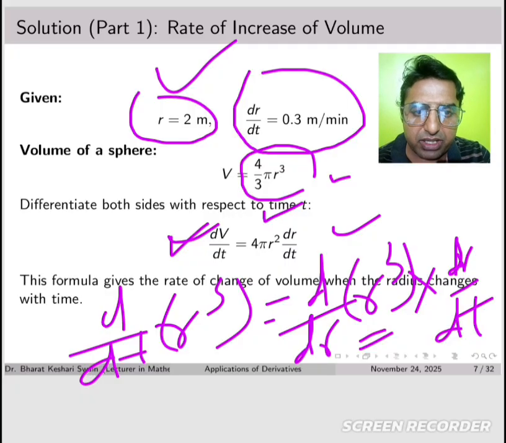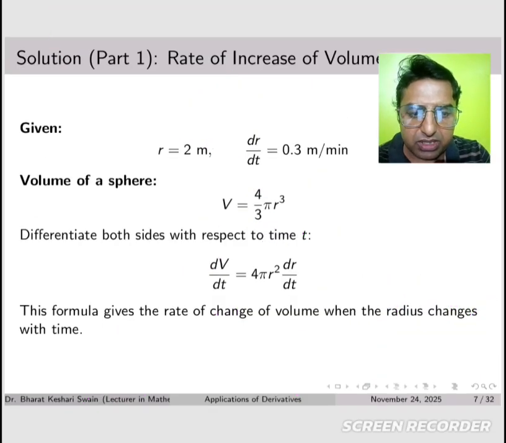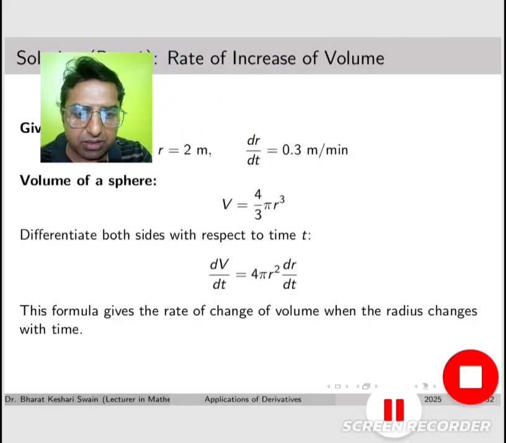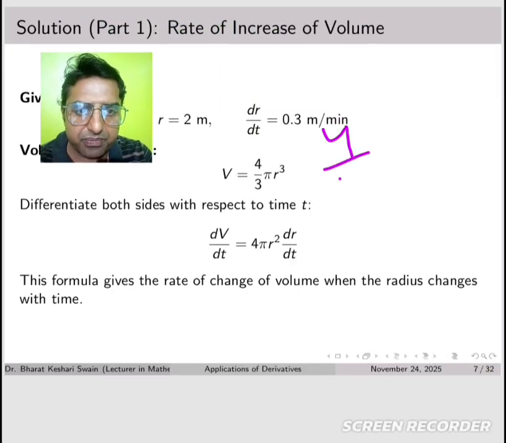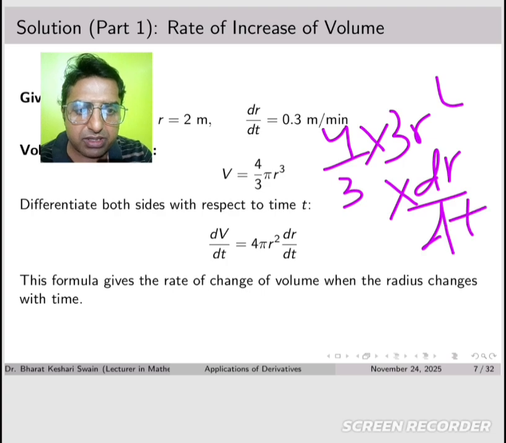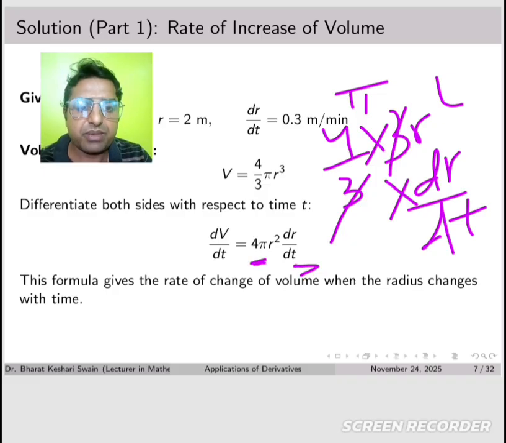So 4 by 3 pi into 3r square into dr by dt. The 3 cancels, so 4 pi r square into dr by dt. So dv by dt is given as 4 pi r square into dr by dt.